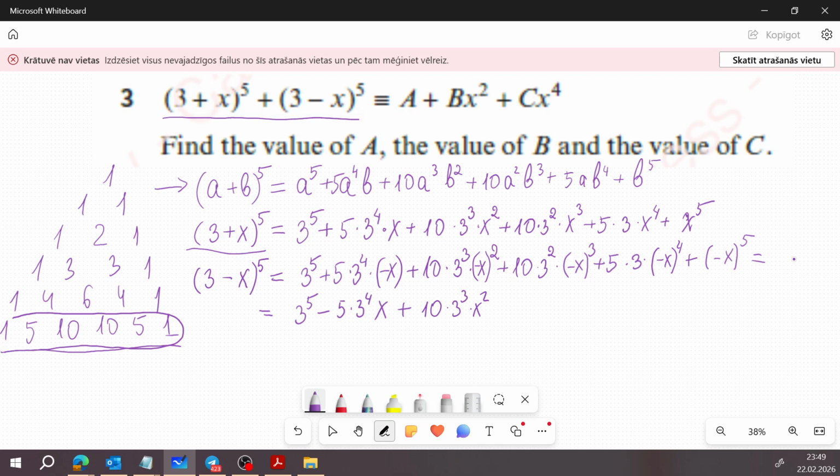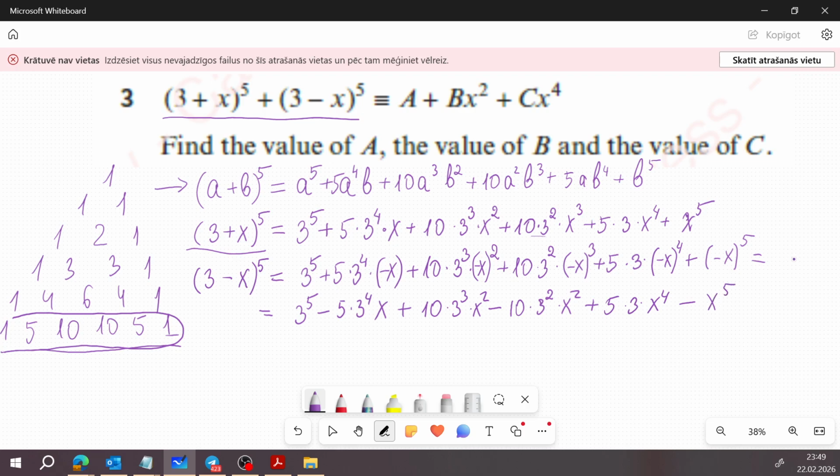This part will have the opposite sign, so it will be minus 10 times 3 to the power of 2 times x cubed. And here plus 5 times 3 times x to the power of 4, and here minus x to the power of 5.